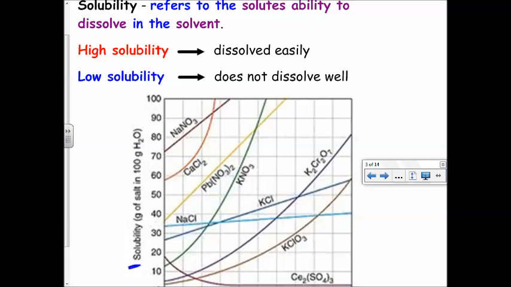Stuff with high solubility would be like my sodium nitrate or my calcium chloride. I can dissolve a ton of those in 100 grams of water. Things with low solubility, things that do not dissolve very well, would be like my potassium perchlorate, KClO3. That is an example of something with low solubility. It is not dissolving very much in our solution.